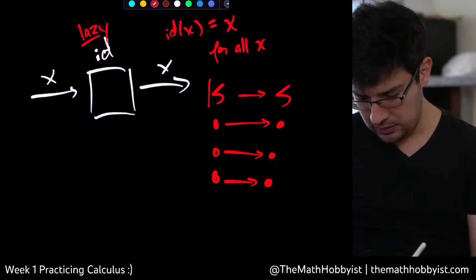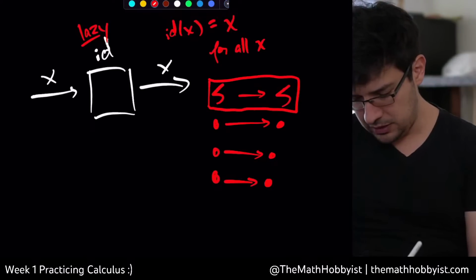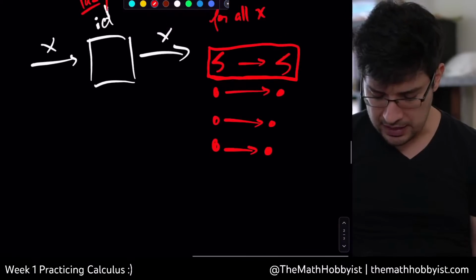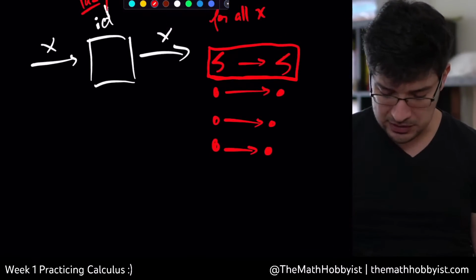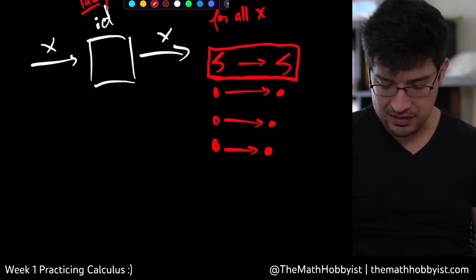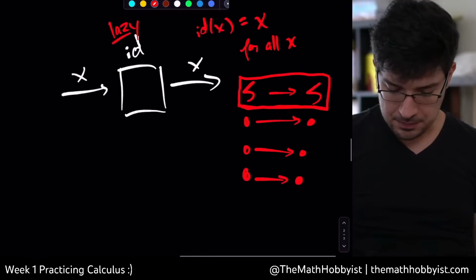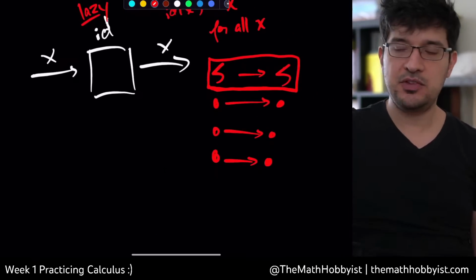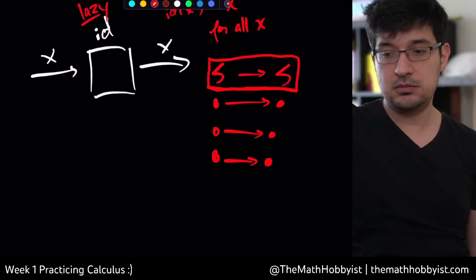The worlds are up here, from the original world to the new world, and everything in the original world is just kept exactly the same. That function exists for any set. That's easy to see.